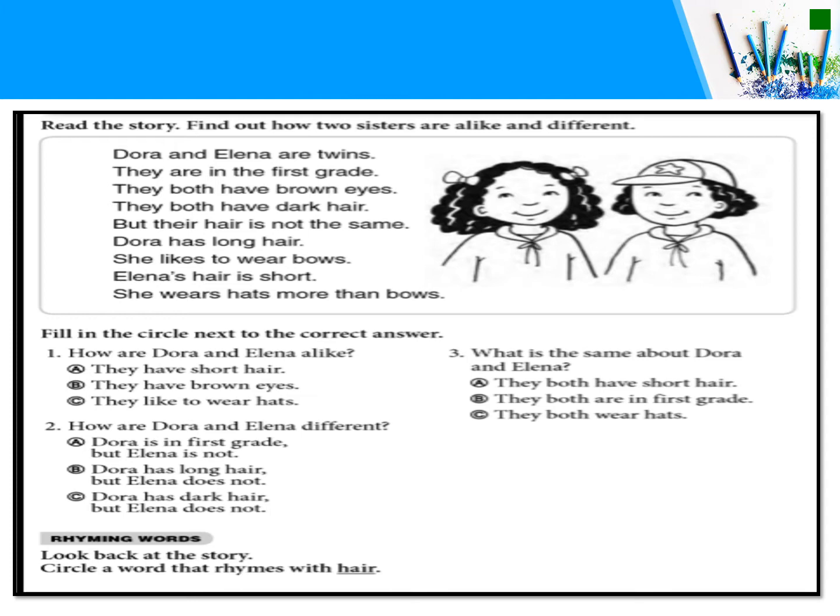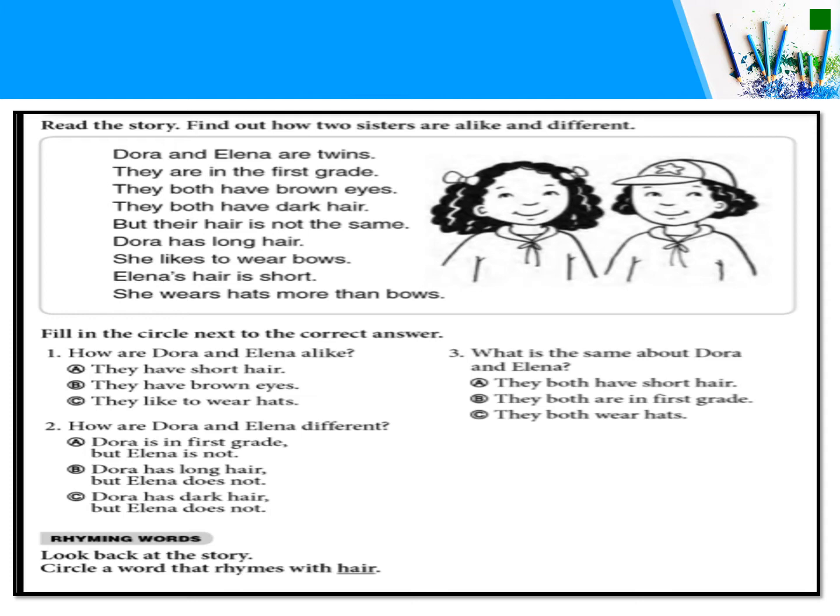Dora and Elena are twins, so it is similar. They both are twins, so that is thumbs up. They are in the first grade. Thumbs up. They both have brown eyes. They both have dark hair.